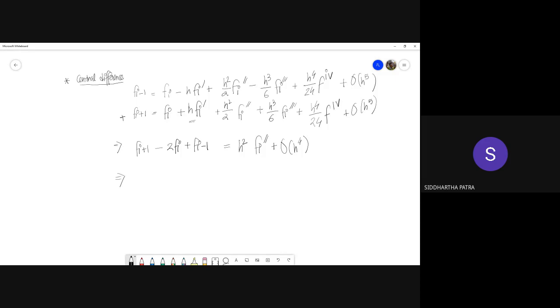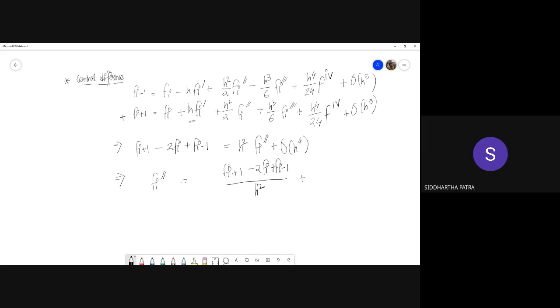And in the end, the expression looks very similar. Fi double prime through central difference is fi plus 1 minus twice fi plus fi minus 1 divided by h squared. The expression looks very similar to the ones that you got for forward and backward difference.